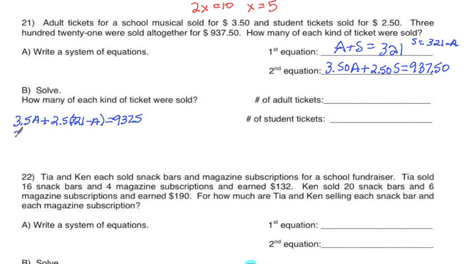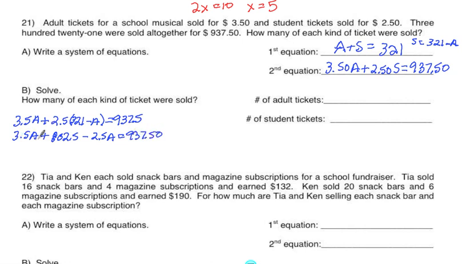When I multiply through, I'm going to get 3.5A plus 2.5 times 321 gives me 802.50. 802.5 minus 2.5A equals 937.50.